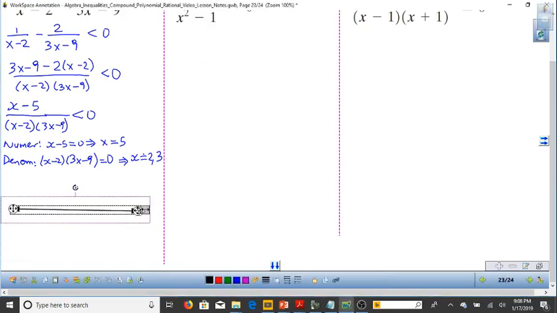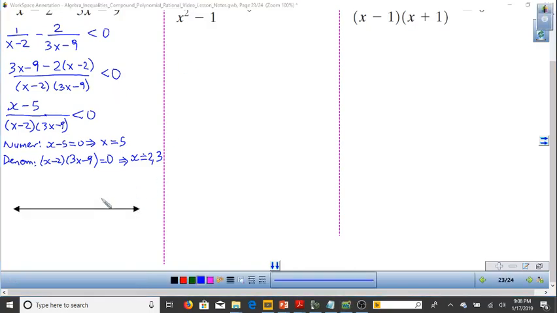And now let's mark them on the number line and see what we got. The furthermost one is 2 to the left, and then 3, and then 5.